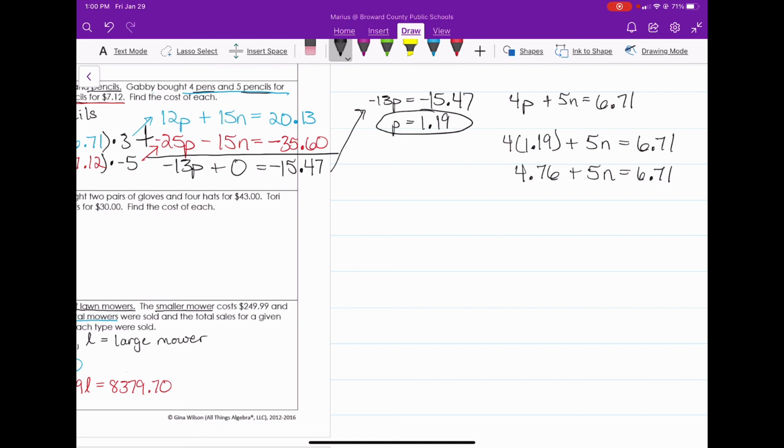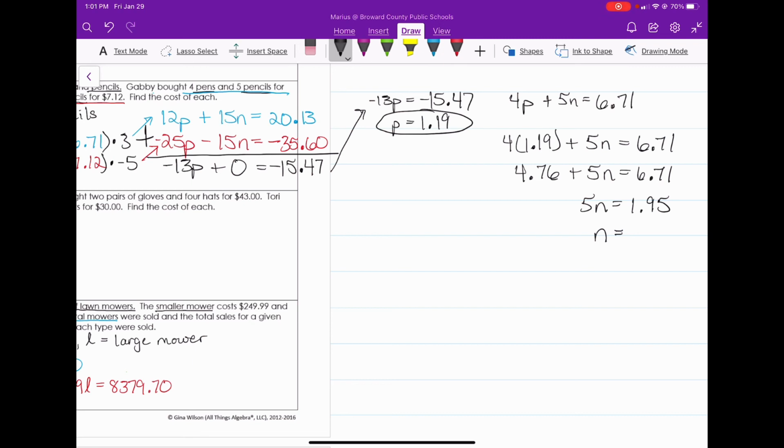6.71. And we have to subtract 4.76 from 6.71. All right? So when we do that, we got 6.71 minus 4.76. That's going to equal 1.95. And now we finish off by dividing both sides by 5.